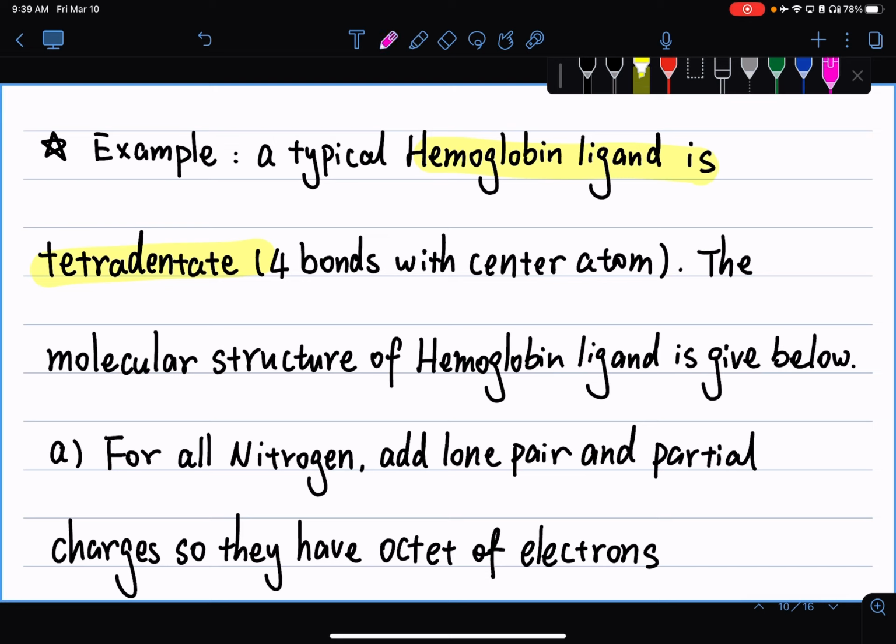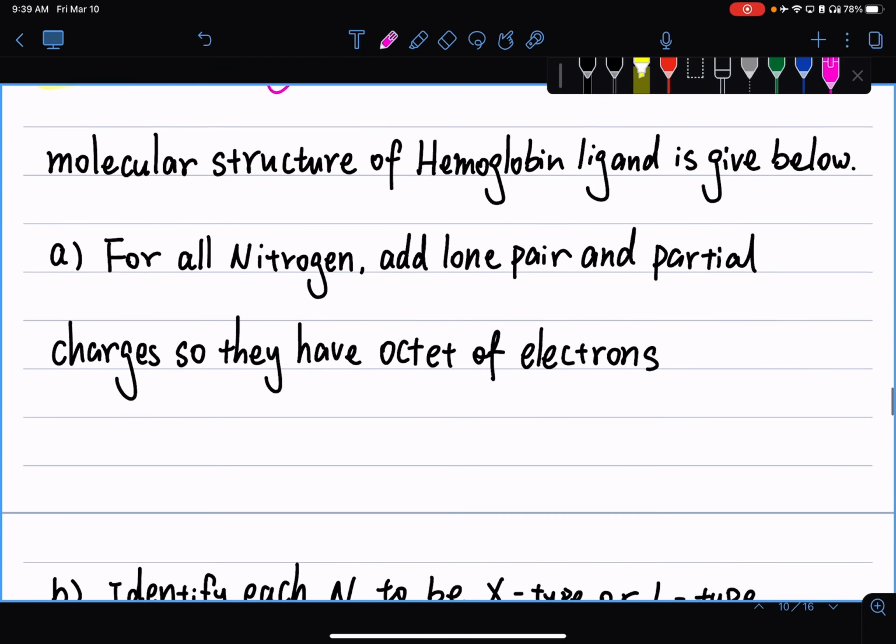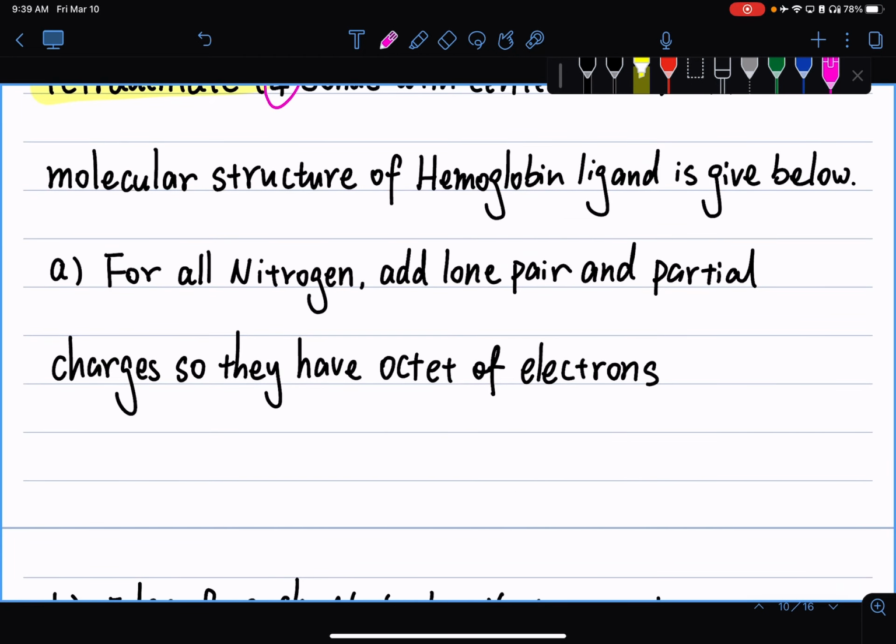By tetradentate, we're saying there exist 4 chemical bonds between that ligand and the center atom. I'll show you the molecular structure of hemoglobin again, but here are the things I want you to think about when we're looking at that structure.